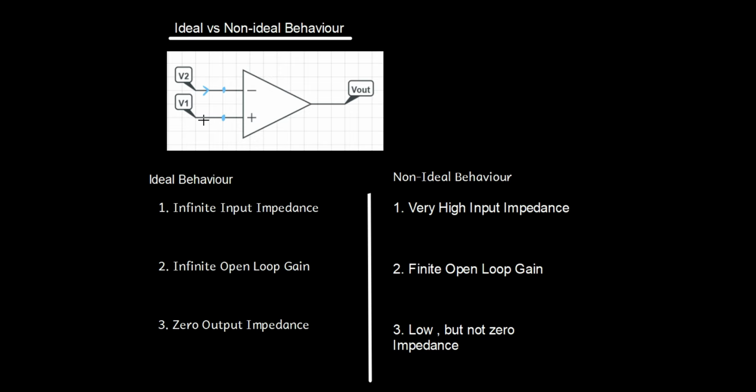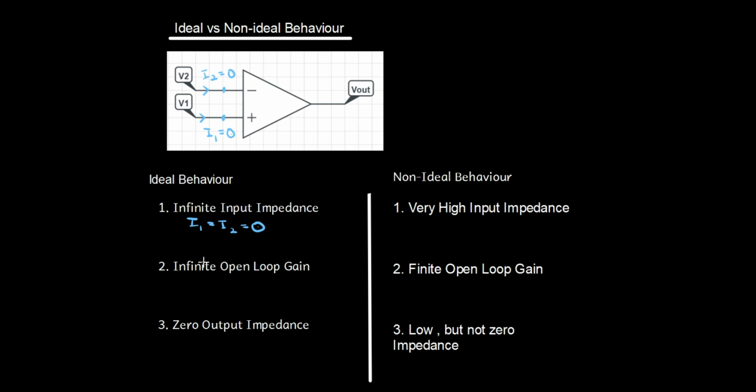As a result, the current entering the operational amplifier is zero. So the current I1 is equal to I2, which is equal to zero.